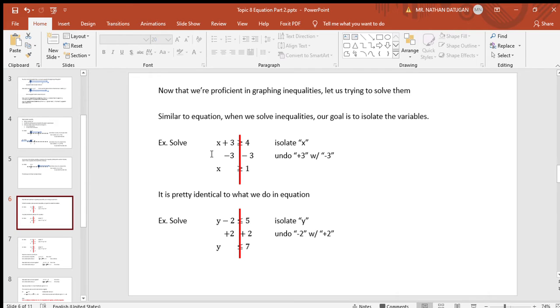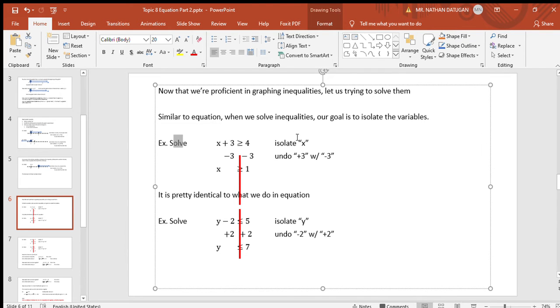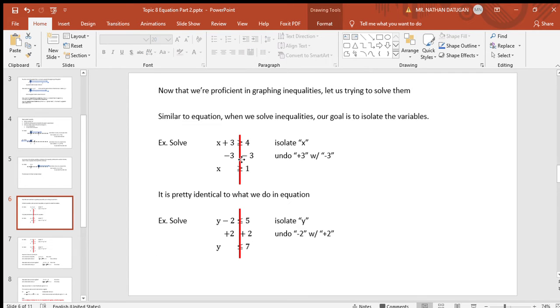So let's start with something easy. x plus 3 is greater than or equal to 4. Again, we are solving something, so that means we're going to isolate the variable, in this case x. So we want x by itself, so we have to get rid of that plus 3. How do we get rid of that plus 3? Oh yeah, before we do that, don't forget to draw the line.